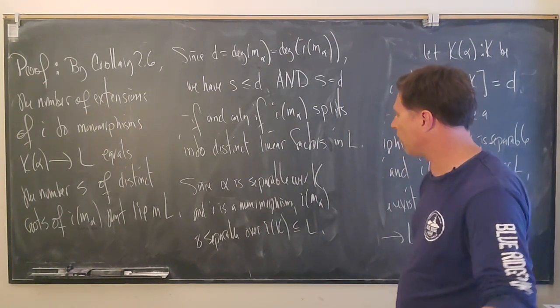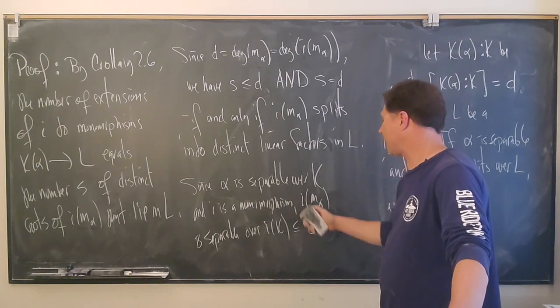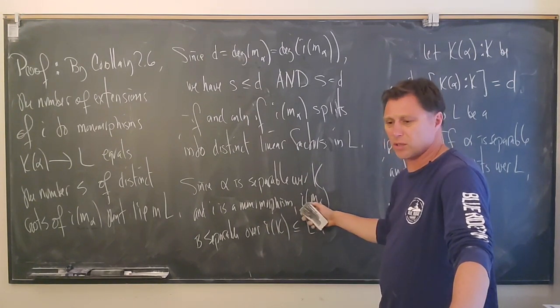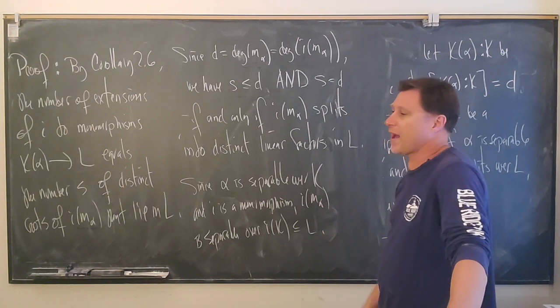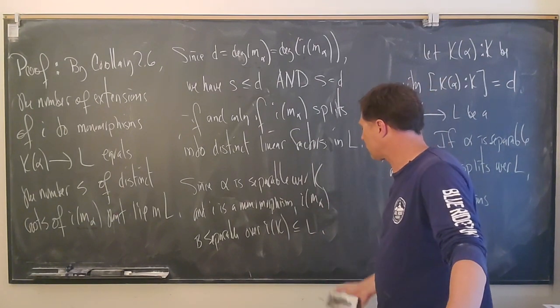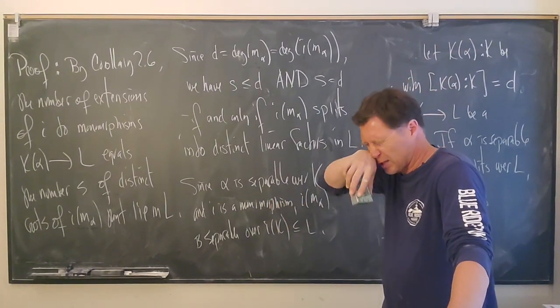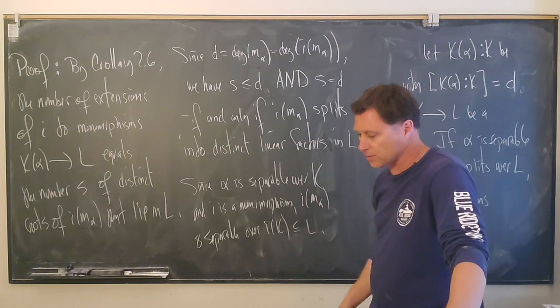So what's happening here, a monomorphism preserves separability, right? Because if I of m alpha factored in such a way that you had repeated roots, that would lead to a factorization of m sub alpha that had repeated factors. I think I said repeated roots. I should have said repeated factors.